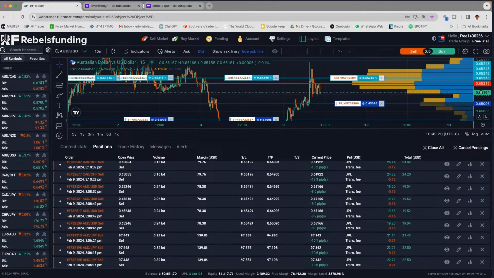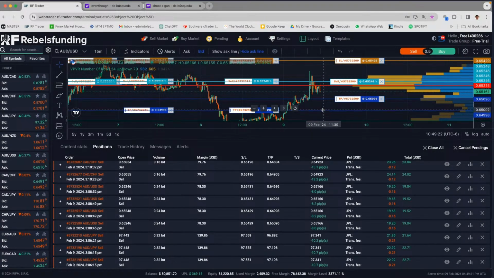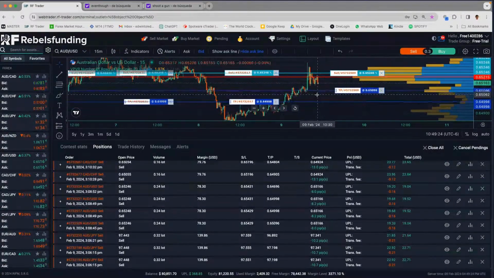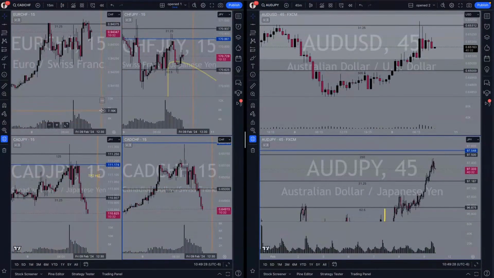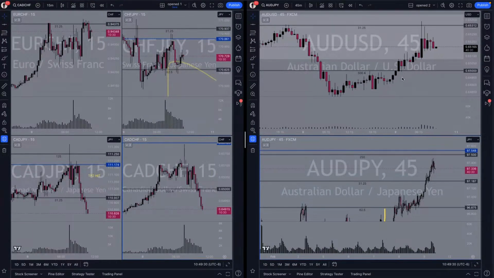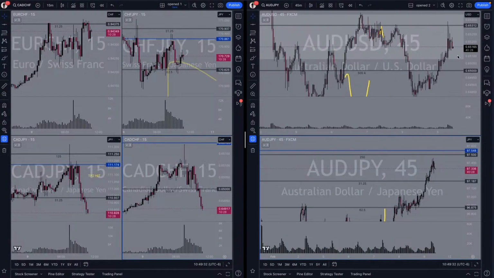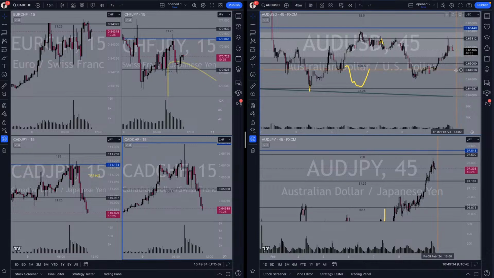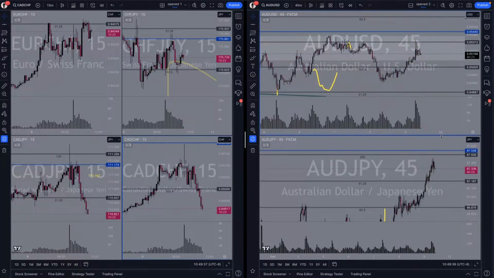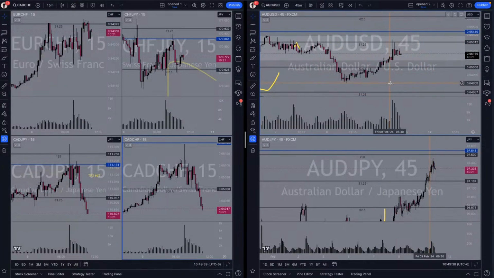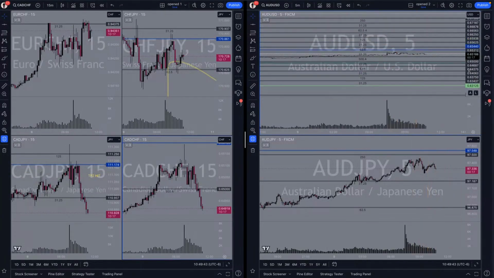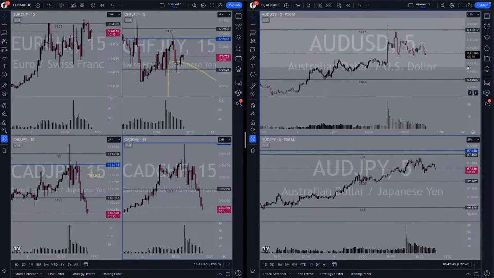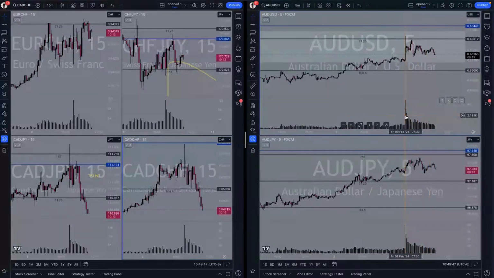Hmm, I don't like volume on AUD USD, and I have also increased my stop loss on that. See, price is going down, but volume is getting shy. Usually, it's the formula for a reversal.